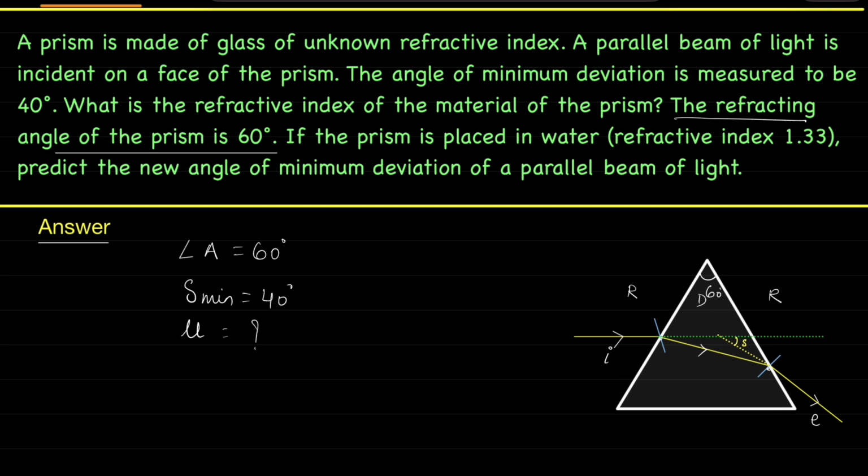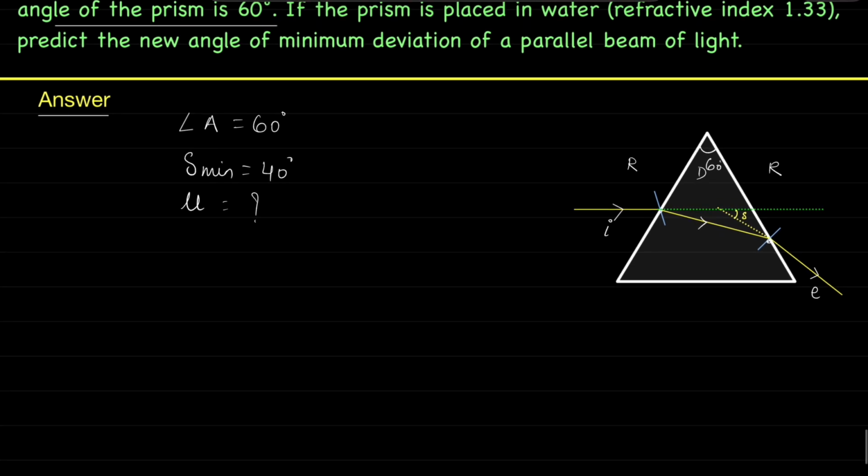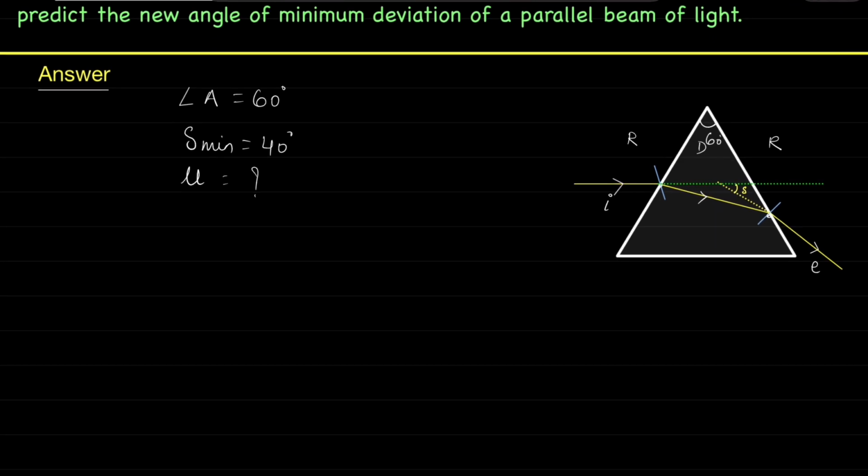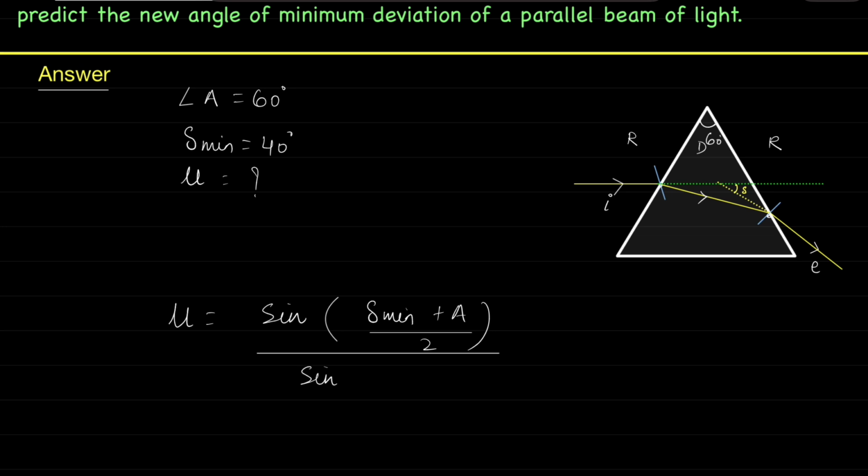To find the refractive index, we can follow the refractive index formula with respect to prism. So the formula is mu is equal to, mu is the refractive index, sine of (minimum deviation plus angle of the prism) divided by 2, and divided by sine A by 2.